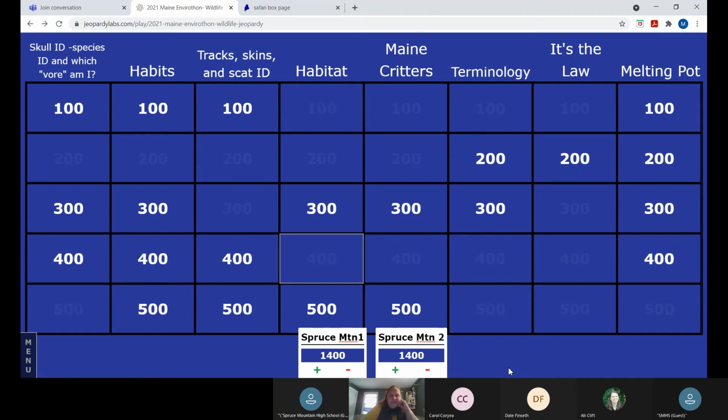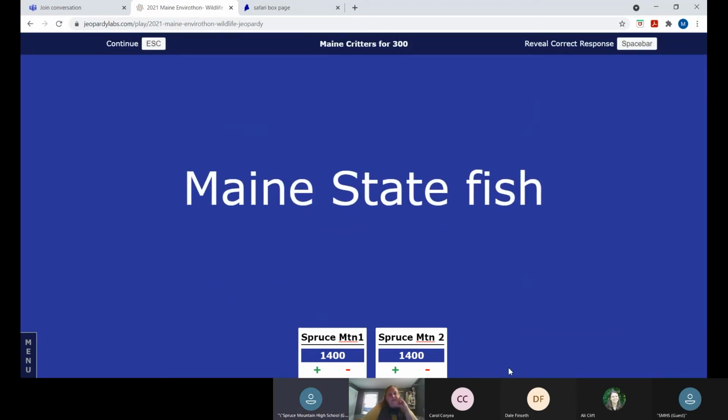Okay, Spruce Mountain 2, you can take the lead. Let's see. Maine Critters 300. Why not? All right, so what is the Maine state fish? Atlantic salmon.